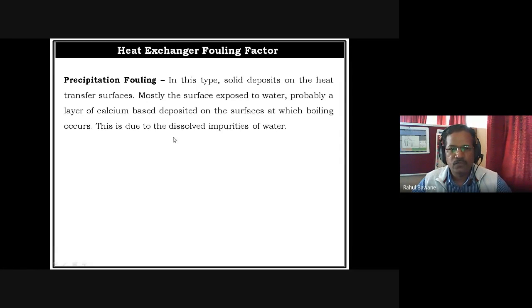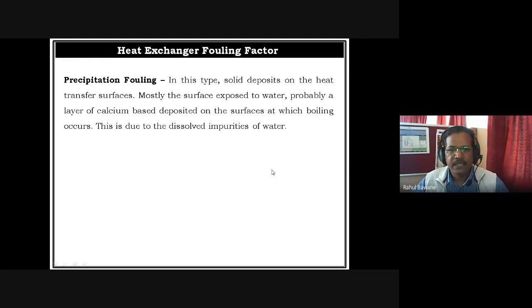This is due to the dissolved impurities of water. So water has its impurities, and anywhere you are using water, definitely after some time that water impurity forms a layer, and that is called fouling, and that fouling is known as precipitation fouling.